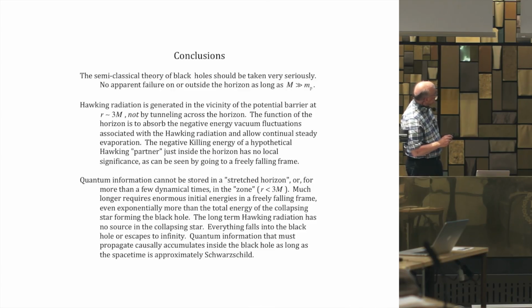There's nothing to indicate that there's anything hanging around just outside the horizon, any sort of contribution to the tensor, which is maybe not completely obvious in what I've shown you, but anyway, I think the implications of the semi-classical approximation are that there is no storage of quantum information in the stretched horizon or in the zone, that everything basically ends up in the black hole.